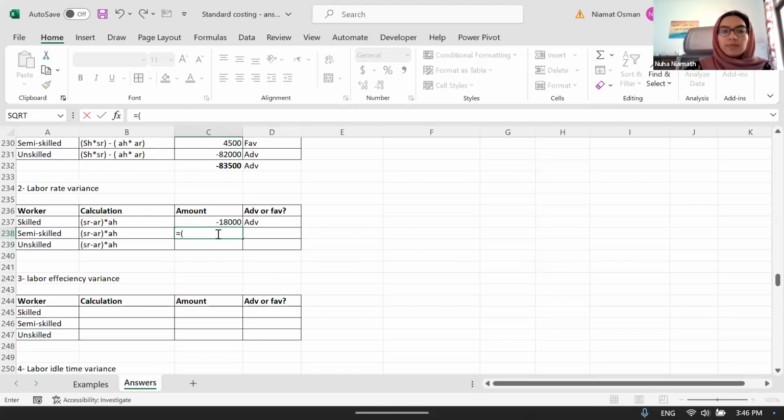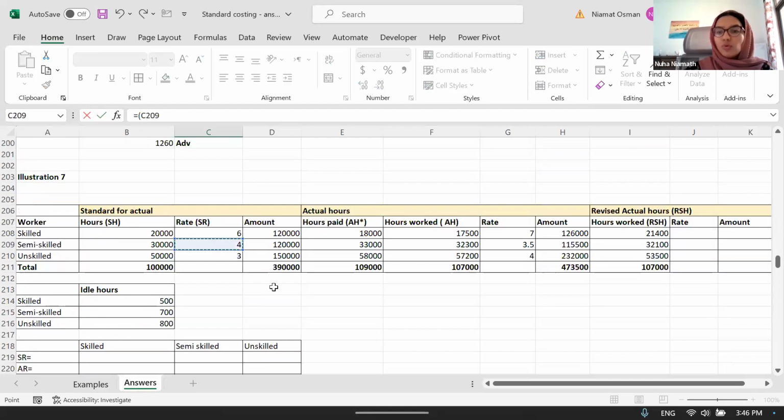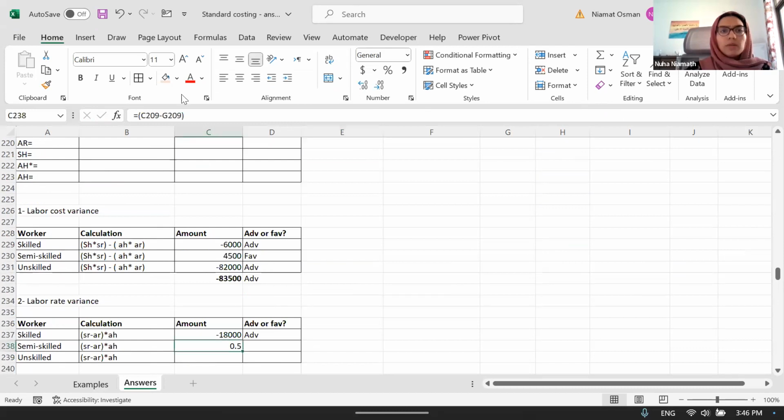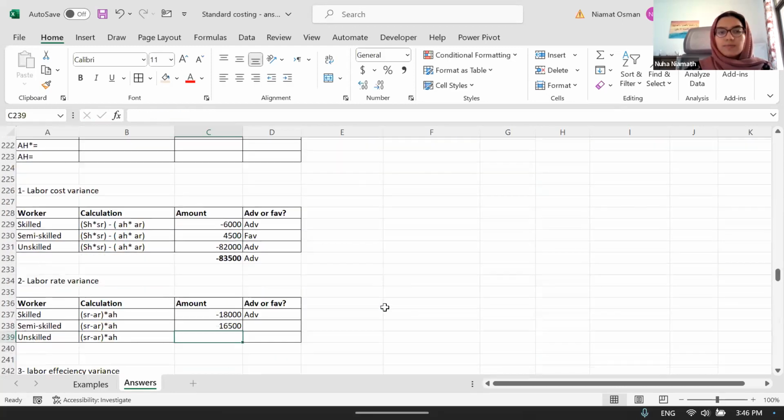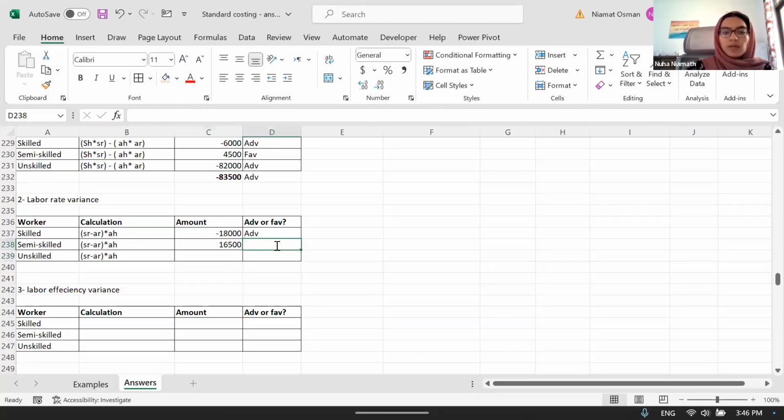Then for semi-skilled, I should have paid 4. I am paying 3.5. Definitely favorable, for hours paid of 33,000 hours. I have paid less. Sure.